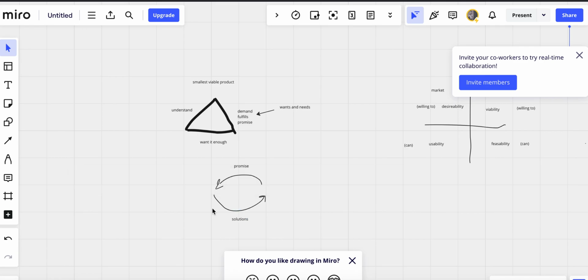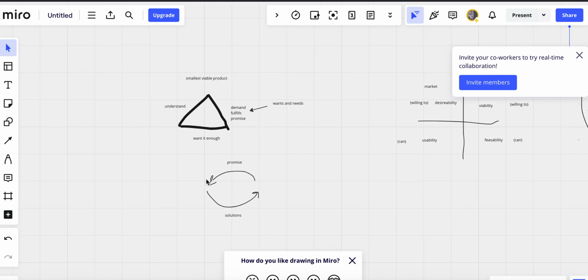So solutions are going in this direction and promise is going in that direction. So this is the customer wants and needs, their demand, what they need from the company, and these are the solutions being presented back by the company to the people, or let's say the market. This is the promise that people want from the market. These are the solutions from the market, and then the customer has a variety of choices within that.